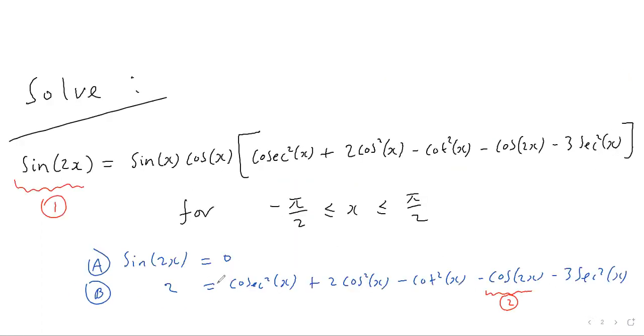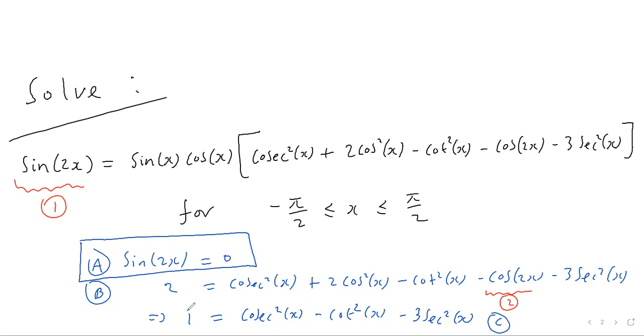So what we've determined is that this equation B gives us this equation C: 1 is equal to cosec squared x take away cot squared x, minus 3 sec squared x. We've still got equation A, which we need to solve in a minute, and now we've got this equation C. How could we solve it?